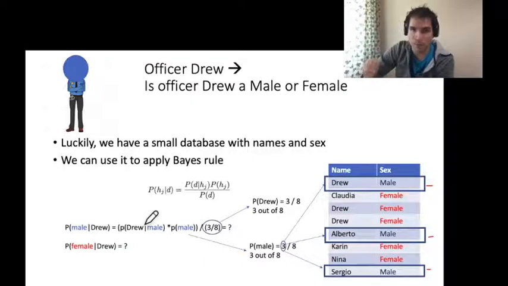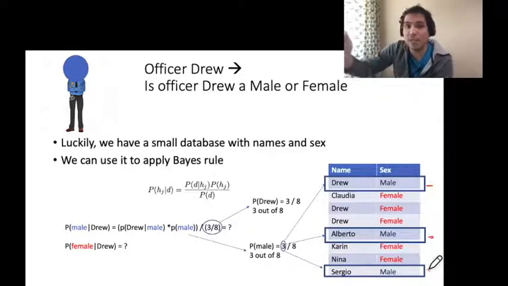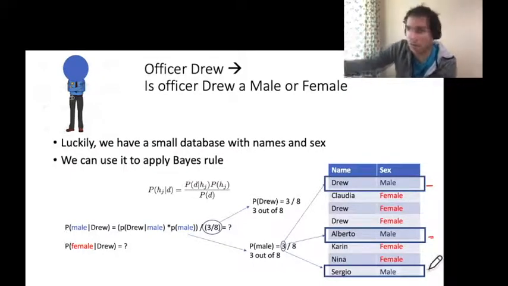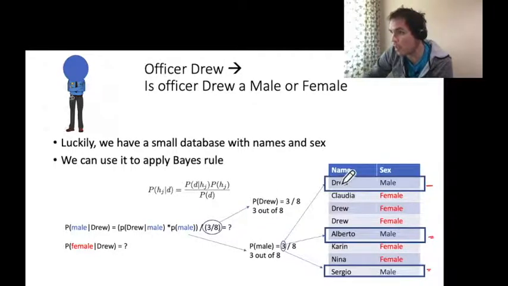So we focus only on these ones that we have here pre-selected. We have all these males, and we want to see, from these males, what's the probability of the name being Drew. We know that we have one Drew, only one out of 3.